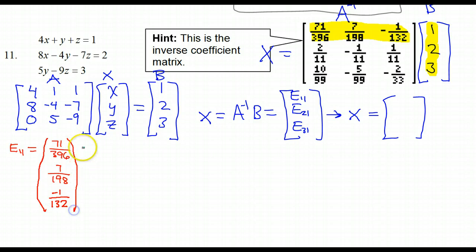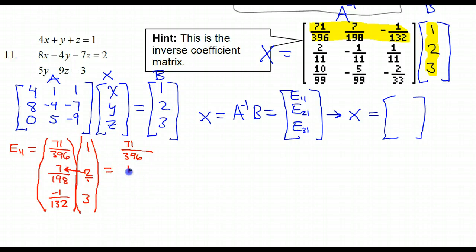And that has to be multiplied times column 1, which is just 1, 2, 3. If we do this, obviously multiplying by 1 doesn't change anything, so that stays 71 over 396. The 2 is just going to get multiplied by the 7 because it's like 2 over 1.